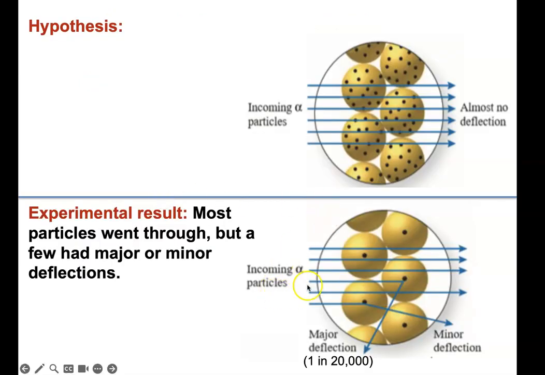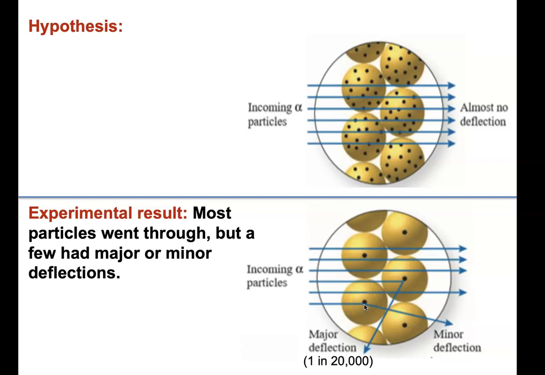The major deflections were caused by 1 in 20,000 alpha particles hitting the center of a tiny, small, dense nucleus that was placed in the middle of the atom. The minor deflections were alpha particles hitting the side of a nucleus, causing a minor deflection.